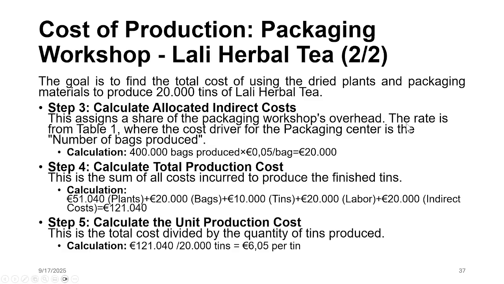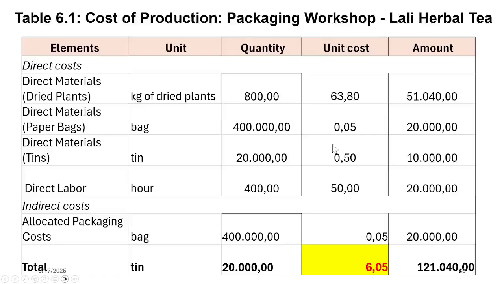Where can we find the information? We can see from here that the unit driver should be the bag, right? So we can move the quantity of 400,000 bags here, and you will have a unit cost. The cost driver is 5 cents per bag.